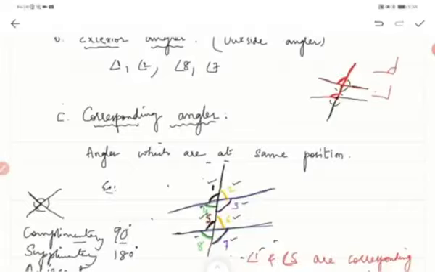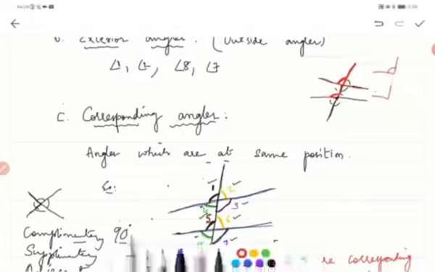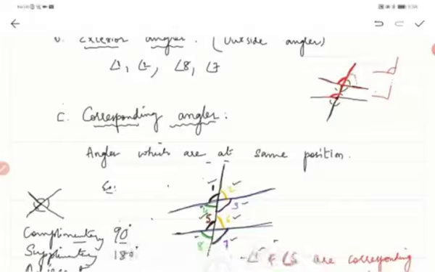Okay, so this transversal line. Similarly, the angle over here is at the same position with this one, right? This angle and this angle are both in the same position.